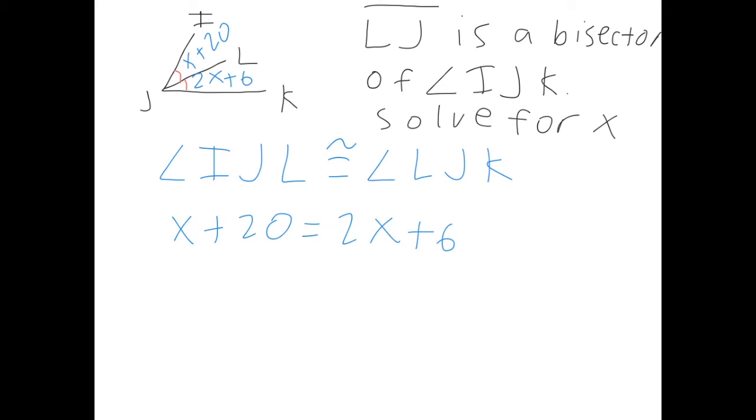So take the regular x and subtract it over to the other side. That'll leave you with 20 equals x plus 6. So then subtract the 6 from both sides, and you get x equals 14.